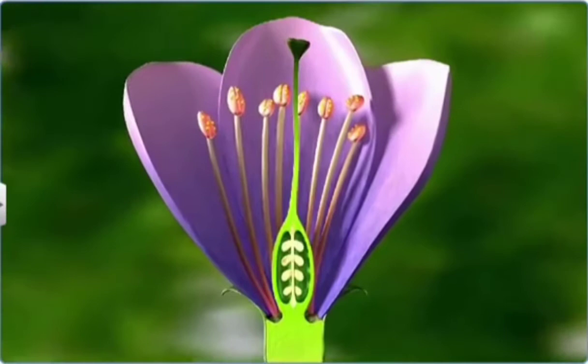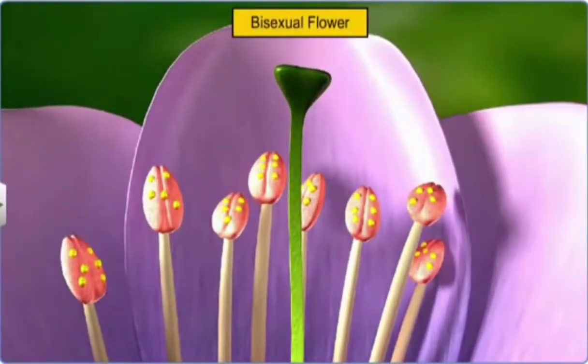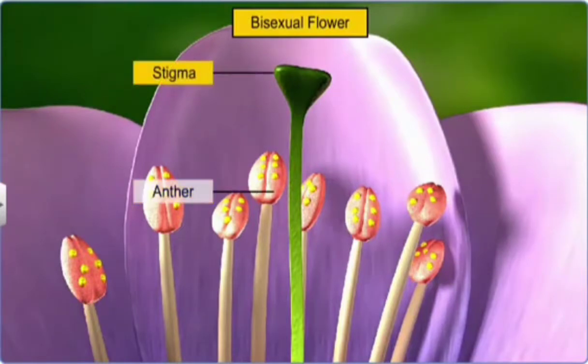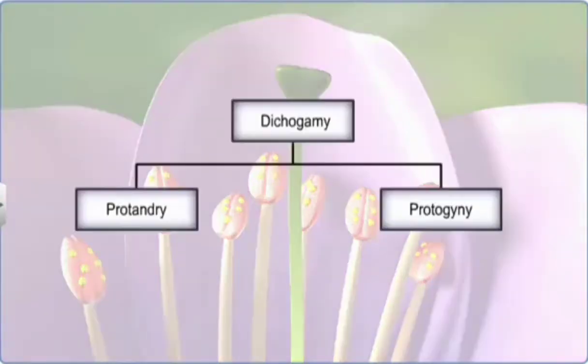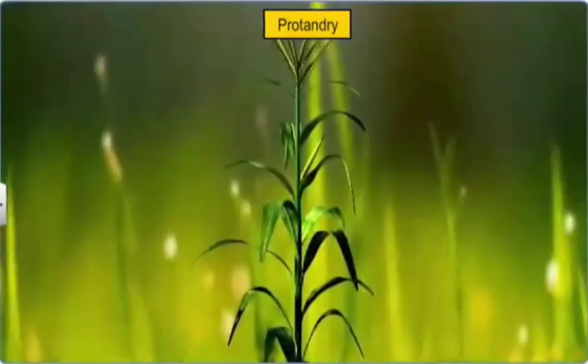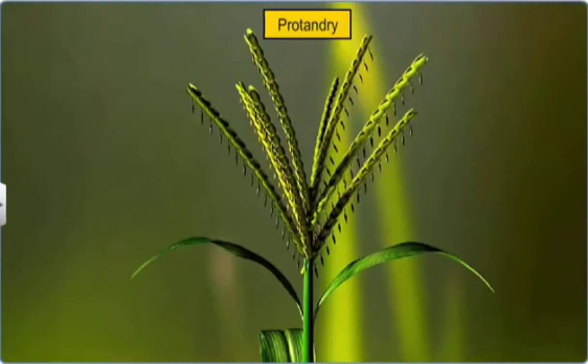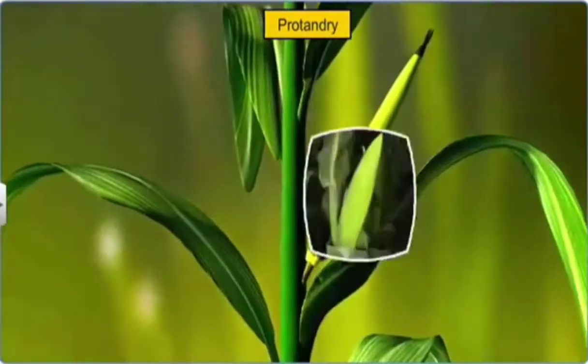In dichogamy, which is observed in bisexual flowers, the anther and stigma of the flower mature at different times. Dichogamy is of two types: protandry and protogyny. In protandry, which is observed in plants such as maize, pollen is released before the stigma becomes receptive.